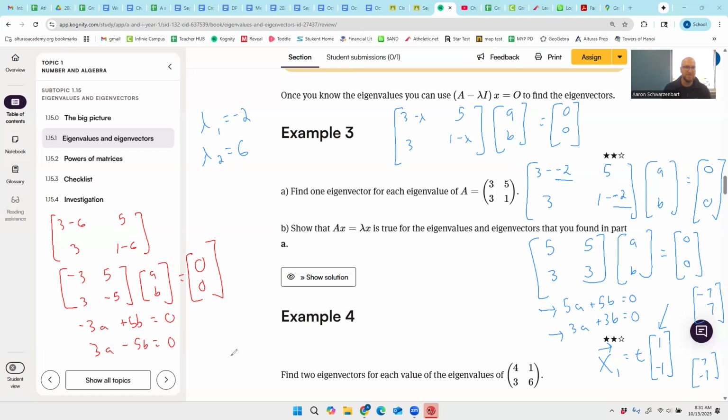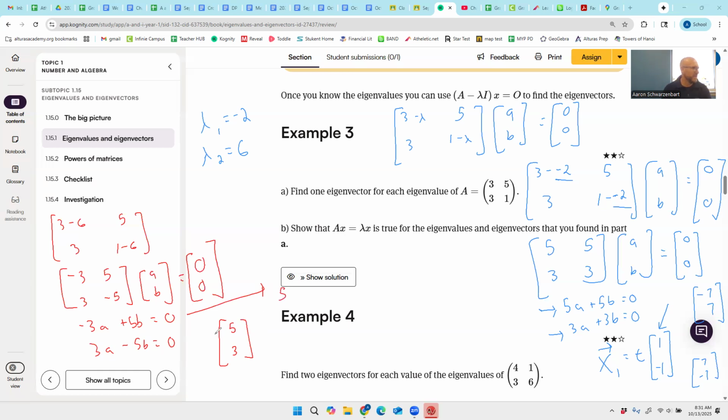This is BMT. Easiest eigenvector is going to be 5, 3. Pretty much just reverse them. They'll show it to you like this, this system.